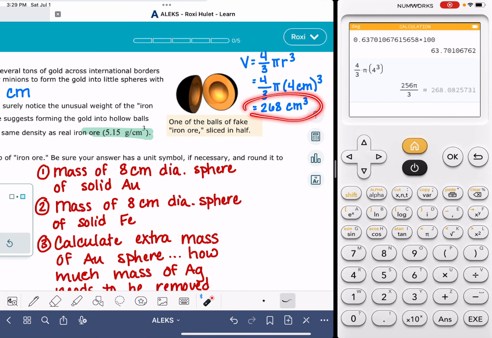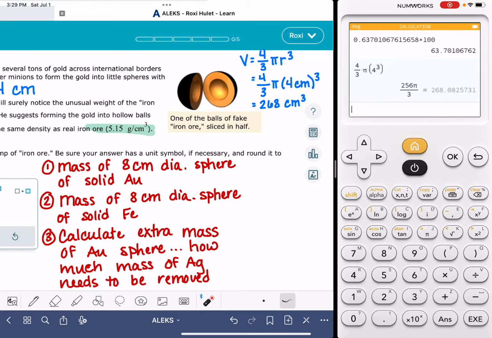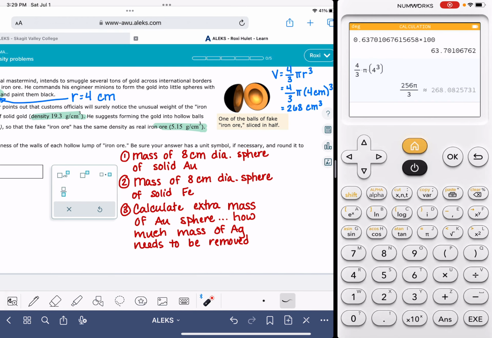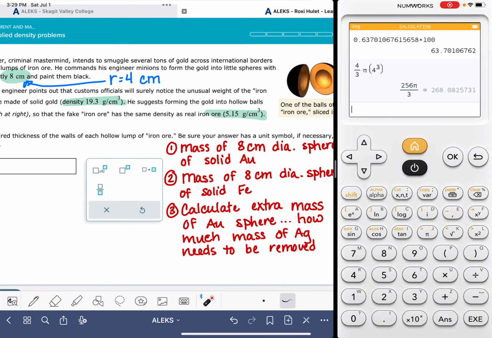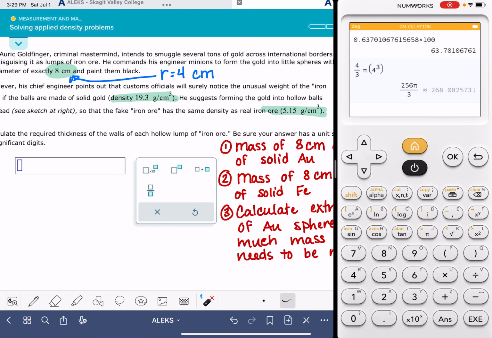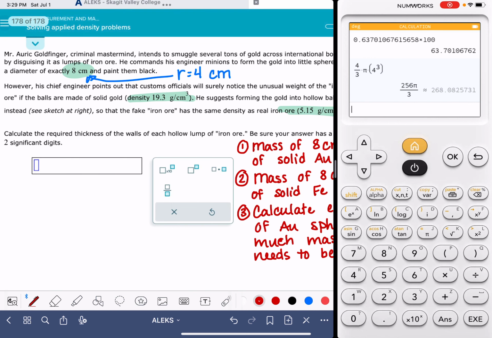With this volume, let's now calculate the mass of the sphere if it was made of solid gold. The relationship between the volume and the mass of any object is that object's density. So we have been given the density of gold, which is 19.8 grams per cubic centimeter.